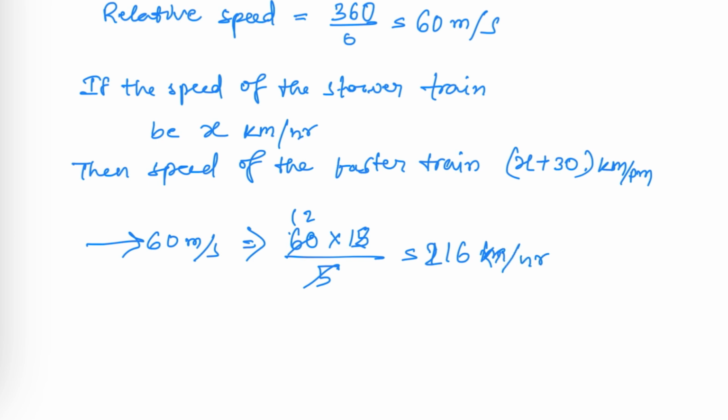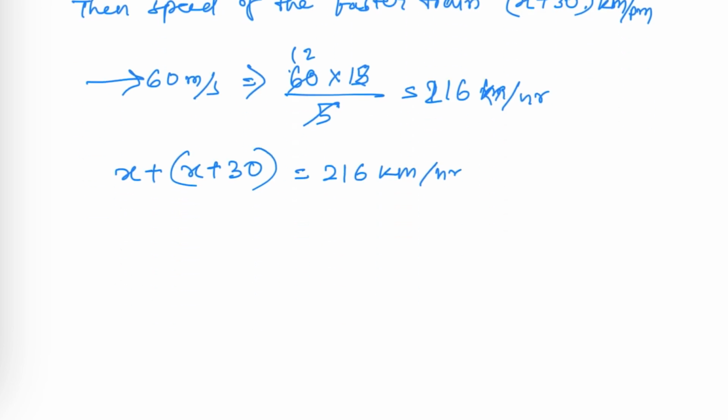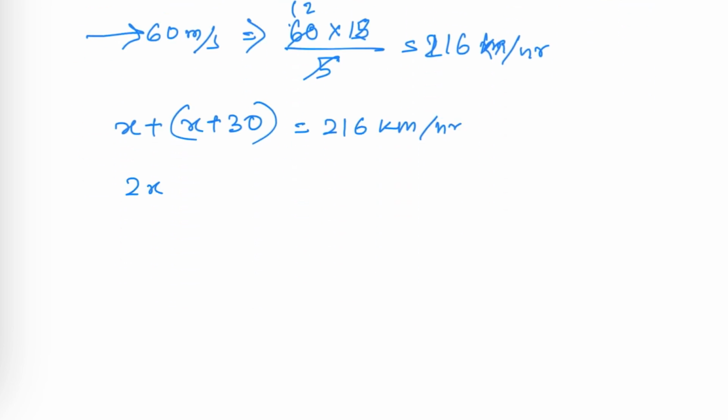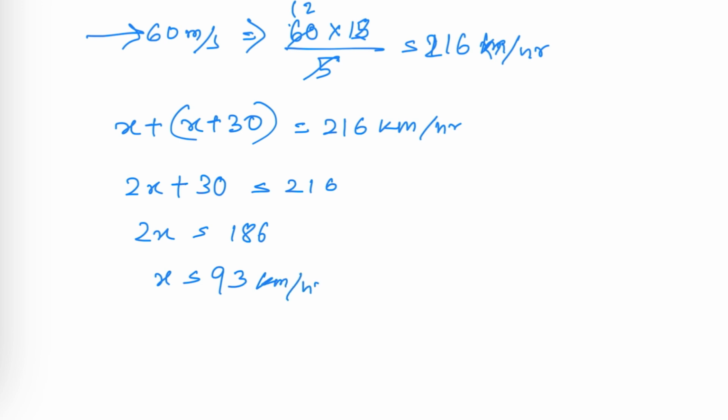So if the total is 216 kilometer per hour, then we can say that x plus x plus 30 is equal to 216, or 2x plus 30 equal to 216, 2x equal to 186, x equal to 93 kilometer per hour.